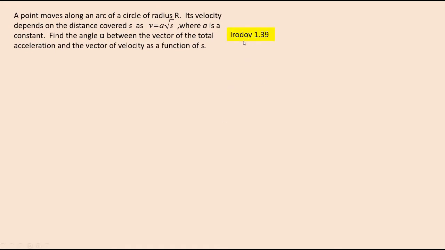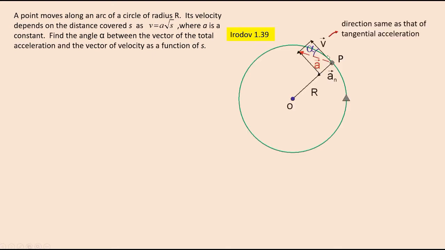This problem is from Irodov 1.39. See here. Let's say the particle is going around in the anti-clockwise direction as you face it. At some instant of time, of course, the more distance it covers, the more speed it will possess. Speed increases as time passes on.